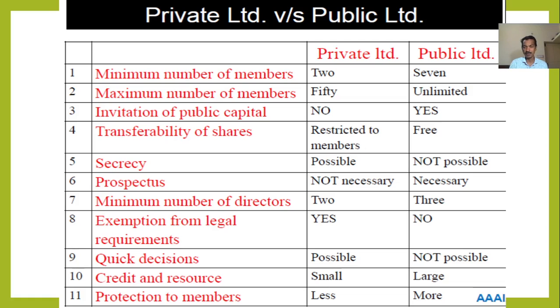It is small in case of private limited. In case of public limited, it is large. Next, protection to the members. In case of private limited company, there is less protection. But in case of a public limited company, the protection is more because the government will be supervising the companies.